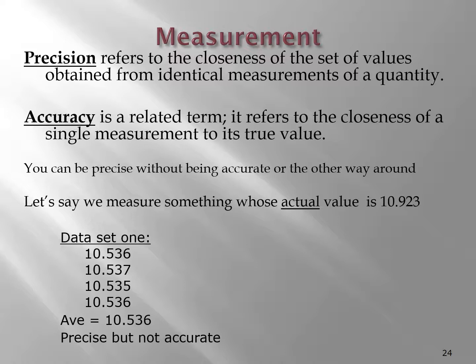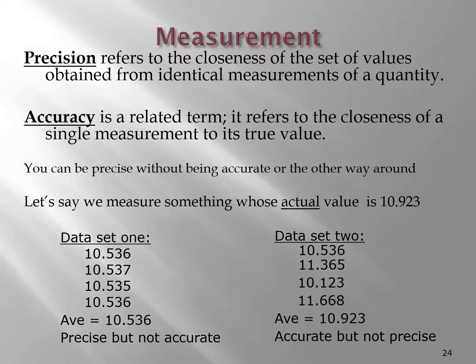You can see the average is 10.536. Well, that actually is a very precise set of data because you're measuring to 3 decimal places, and your measurements of the same cylinder over and over again are very close to each other, so that is very precise, but it's not very accurate. So probably their ruler was cut off and they didn't know it or something like that.